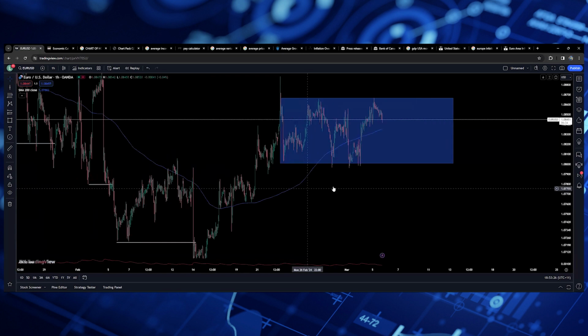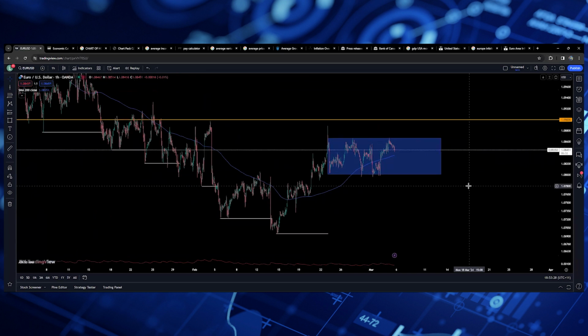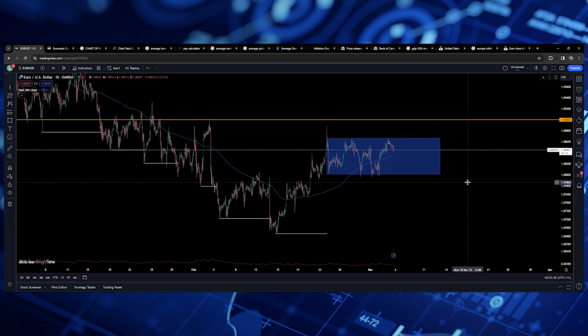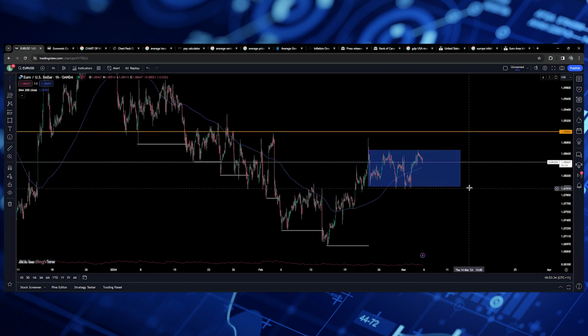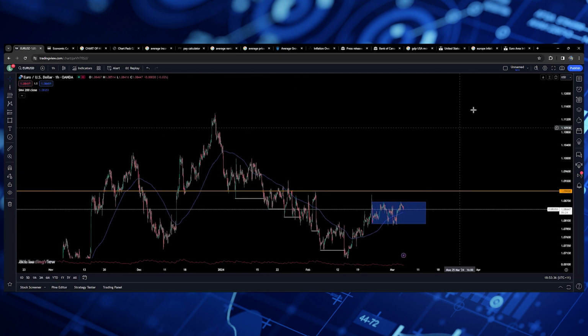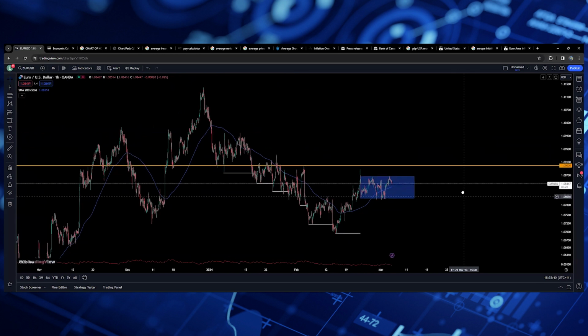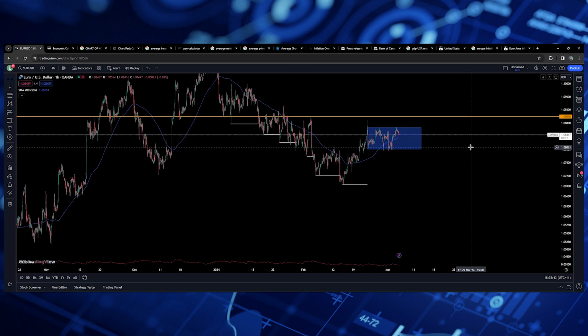I'm not expecting it to go up, to be honest. Maybe we do have a tick up, but I'm not looking to trade higher than 1.09, let's say. Most probably we will have a comeback to 1.07, somewhere around that. I do believe we will come. All right, that's my interpretation.